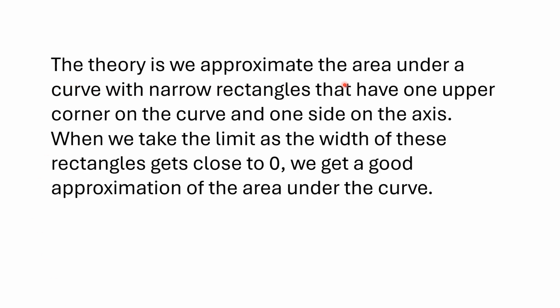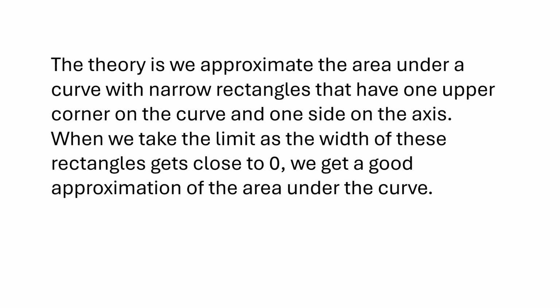The theory is we approximate the area on a curve with narrow rectangles that have one upper corner, or lower corner if we're going below the axis, on the curve and one side of the rectangle on the axis. We take the limit as the width of these rectangles along the axis gets close to 0, and we get a good approximation of the area under the curve.